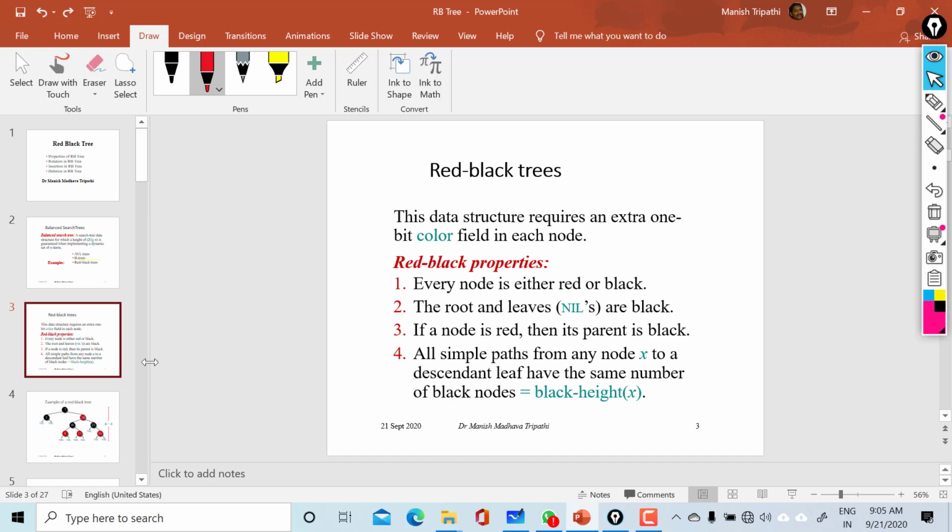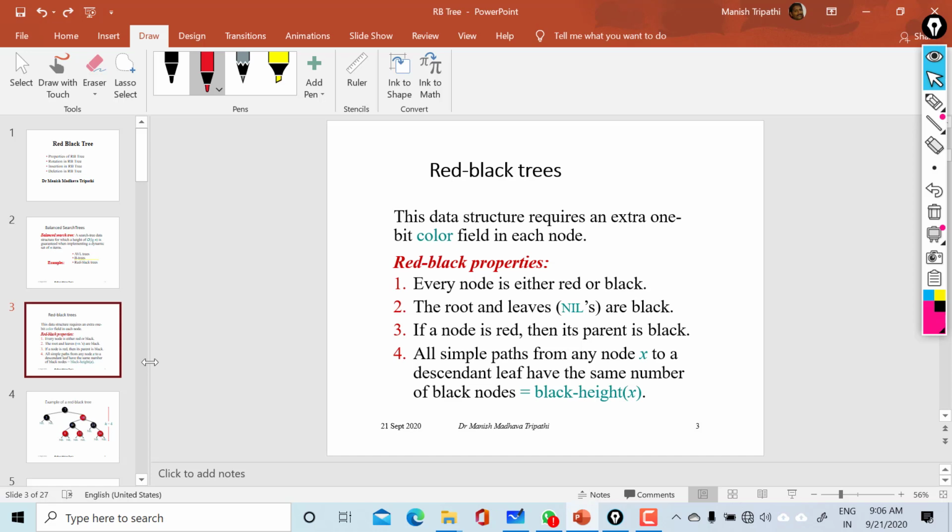Red-black tree properties. The first property is that every node is either red or black. That means in a red-black tree, the nodes are either red or black in color. The second property: the root and leaf nodes are black.